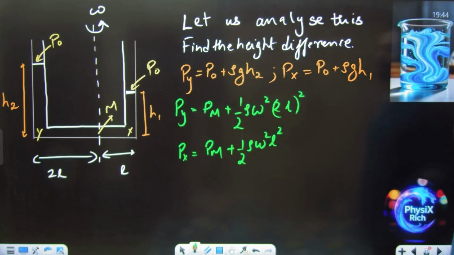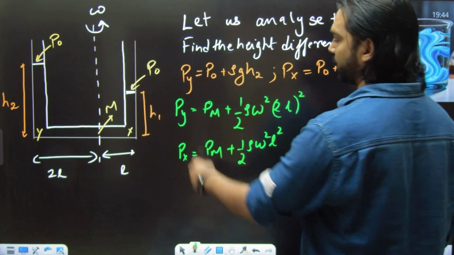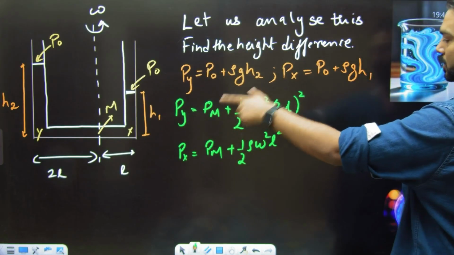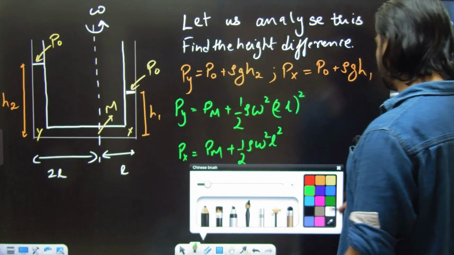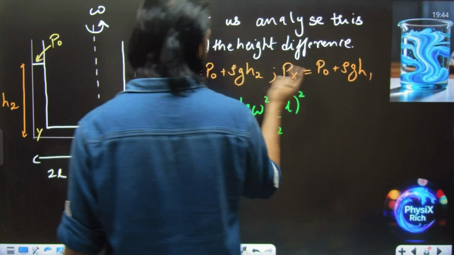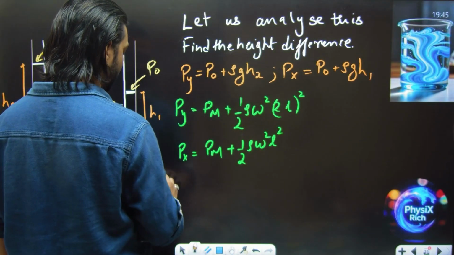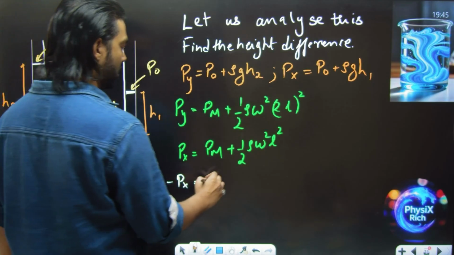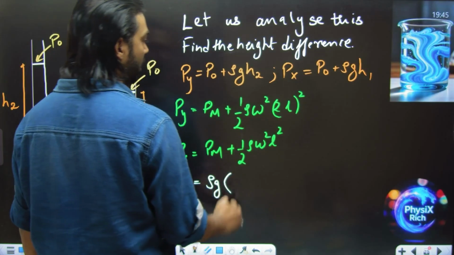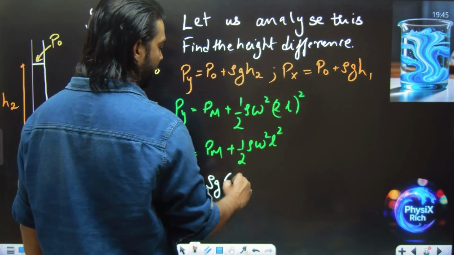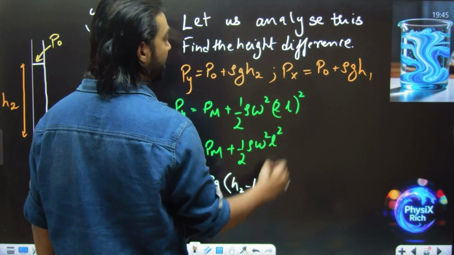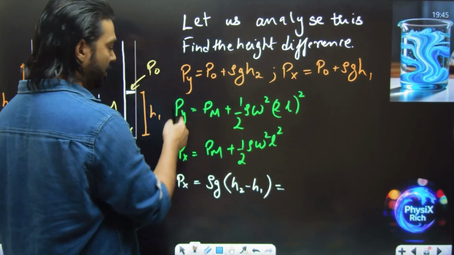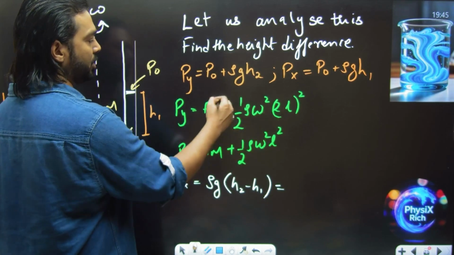Now you see, guys, that if I find the difference of pressures between Y and X, I can do it using two of these equations. Okay, I can use these orange equations and subtract them, and I get that the pressure of Y minus pressure of X comes out to be equal to rho g (H2 minus H1), and this H2 minus H1 is the height difference that we are trying to calculate. That is Py minus Px, the difference of these two. Pm is going to get cut anyway.